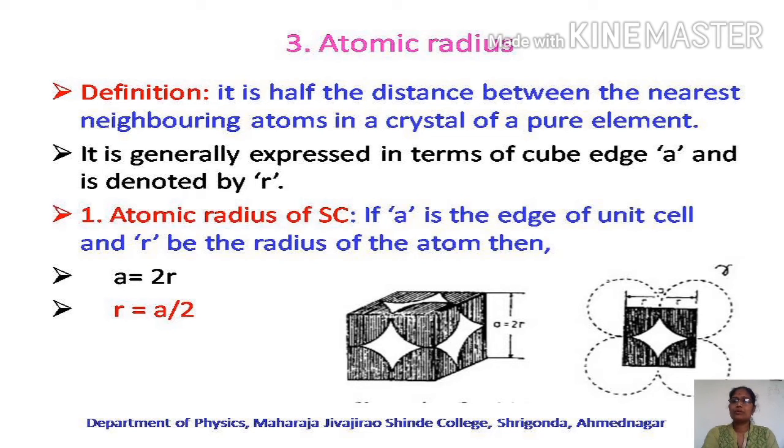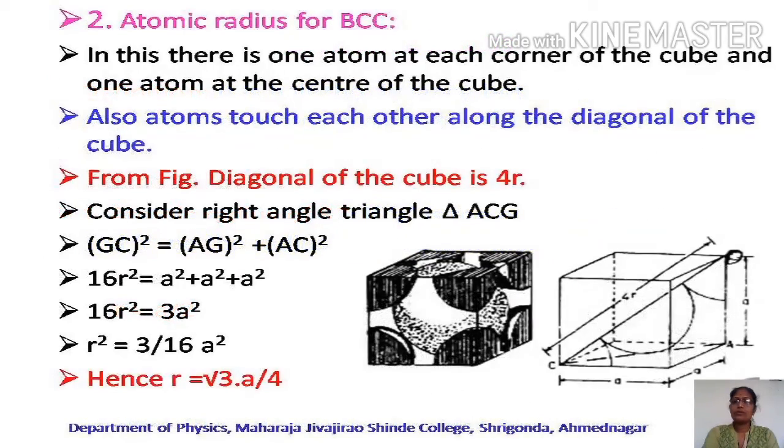Now, moving towards calculating the atomic radius formula for BCC structure. When we consider a BCC structure, it consists of 8 corner atoms and there is one extra atom located at the center of the body. When I have to calculate the atomic radius, I have to draw the figure like this. If you observe the triangle, there are 3 different atoms coming into the picture.